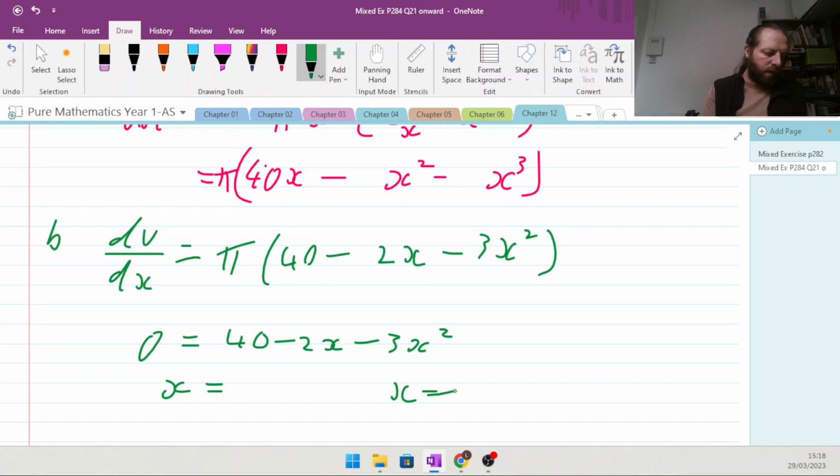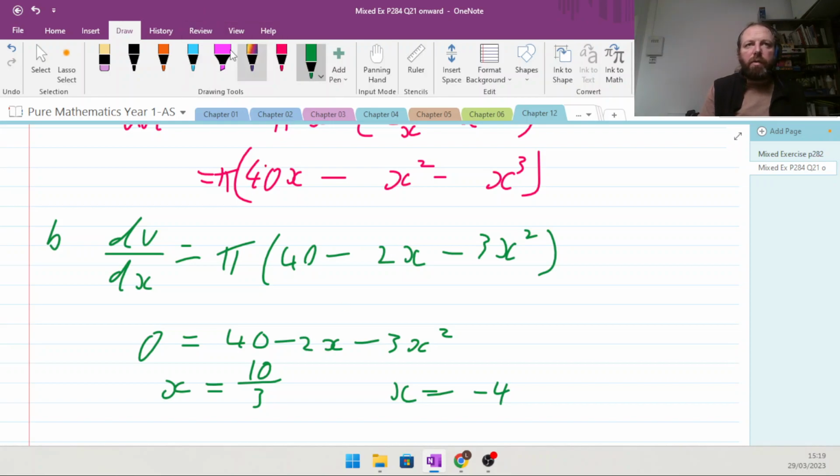Okay, so I've got a minus 3 there, a minus 2, and a 40, and we get x is equal to 10 over 3, and x is equal to minus 4.